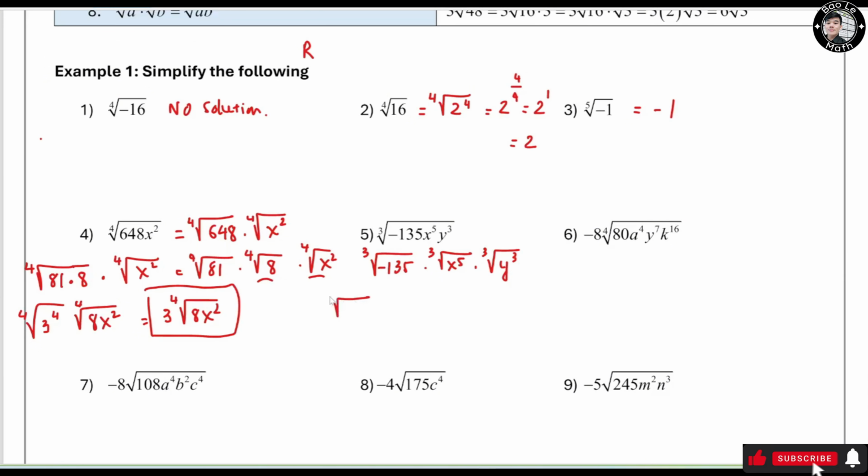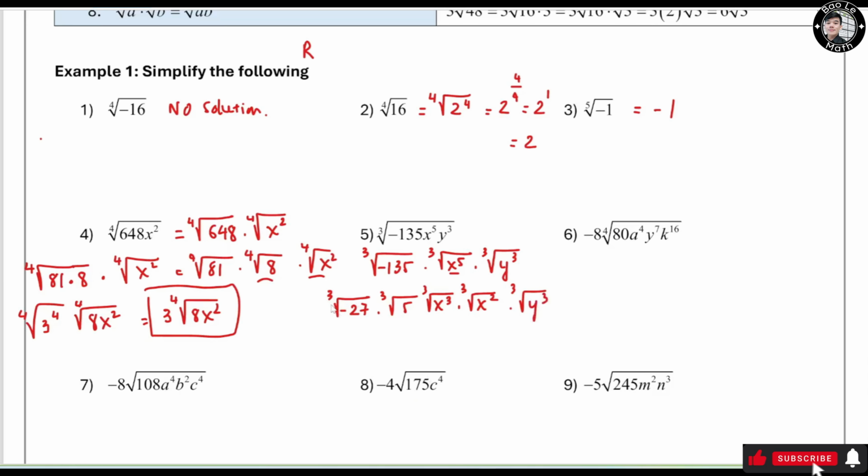So it could be cube root of negative 27 times cube root of 5, times cube root of s cubed times cube root of s squared, right? I'm going to split s to the 5th into s cubed and s squared, times cube root of y cubed, right?